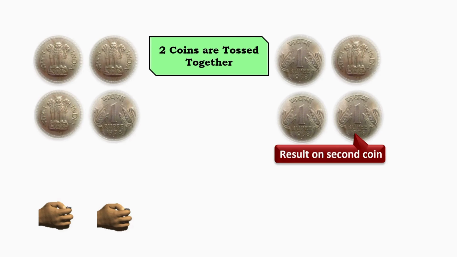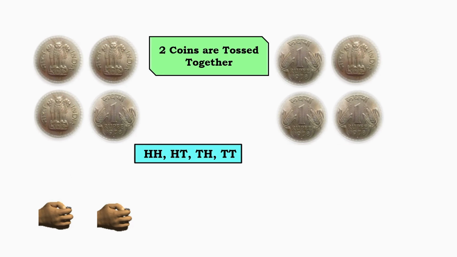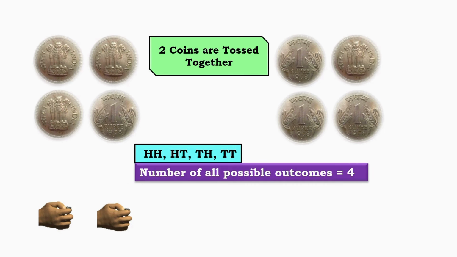One is, in both the coins we are getting head. In the first coin we get head and second coin tail. In the first coin tail and second coin head, and in both the coins tail. So we got four combinations. So that is head head, head tail, tail head, and tail tail. So the number of all possible outcomes here is 4.